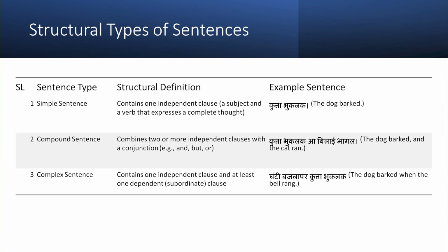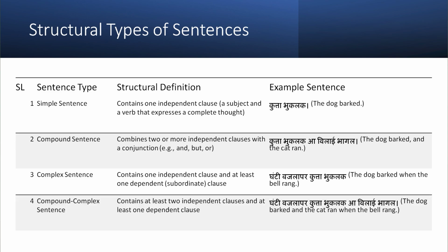Then the fourth one is the compound and complex sentence. That means you have a compound sentence, but at the same time there is also a subordinate clause inside one of those. A compound complex sentence contains at least two independent clauses and at least one dependent clause.